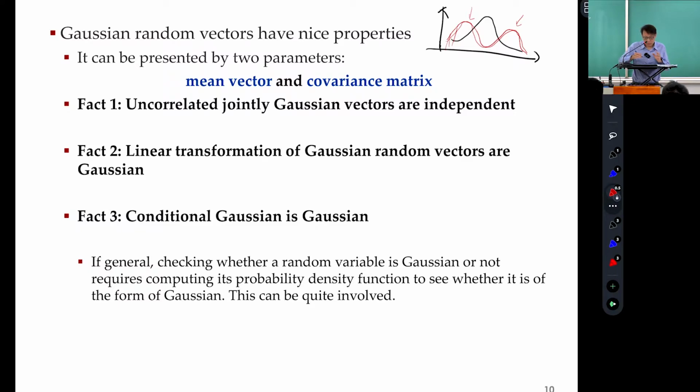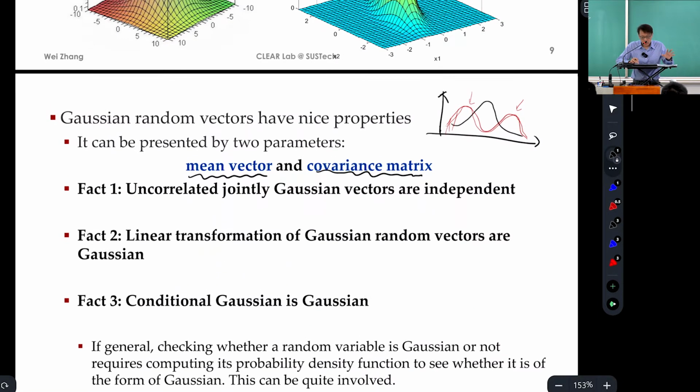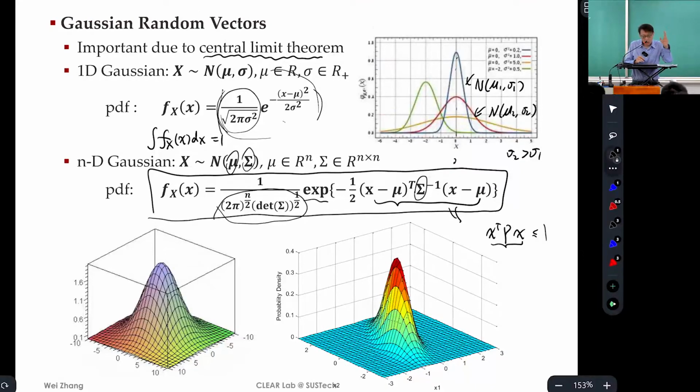The form is simple. It's only represented or characterized by mean and covariance matrix. Let me repeat. If I say something is Gaussian, all you need to know is the mean and covariance. This is the vector, this is the matrix. If I know these 2 things, then I know exactly the density.